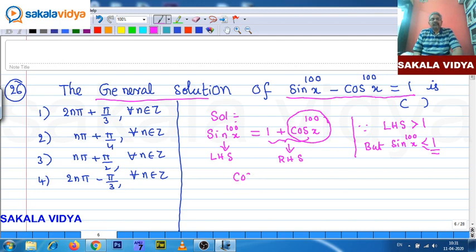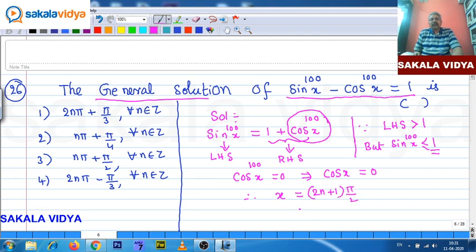That means, in order to solve this equation, cos x to the power of 100 should be equal to 0, so cos x equals 0. Now we need to solve this one. Therefore, x is equal to (2n plus 1) pi by 2.